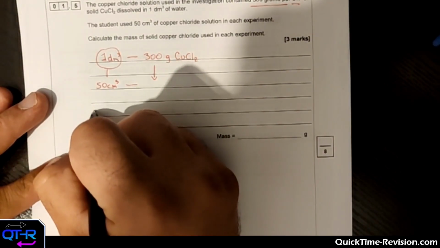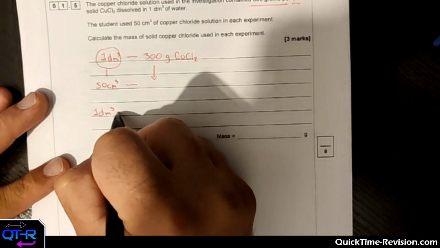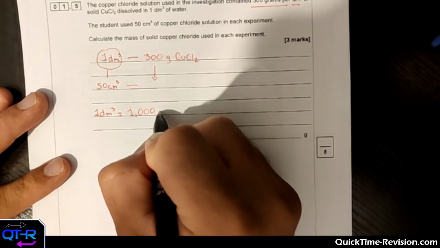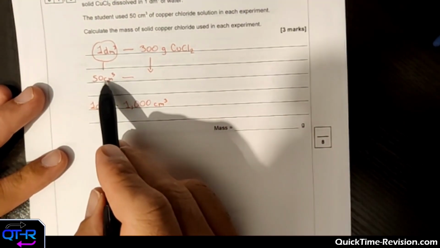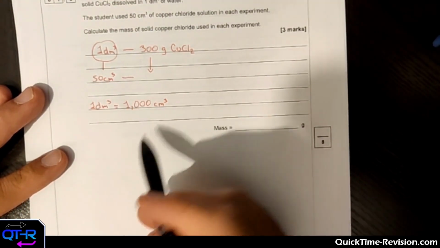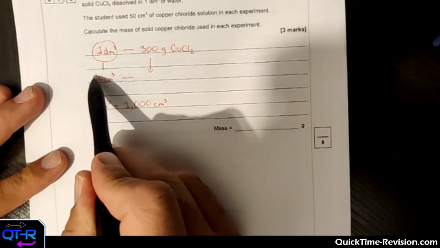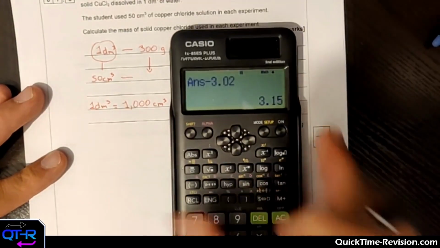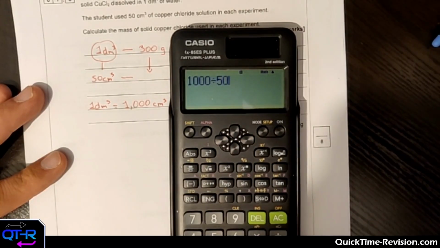The way that I do this is pretty easy. First of all, we need to realize that 1 decimeter cube is equal to 1,000 centimeter cubes. This is the unit that we're working in right now. My next step is to find out how many times I can fit 50 centimeter cubes into 1,000 centimeter cubes.